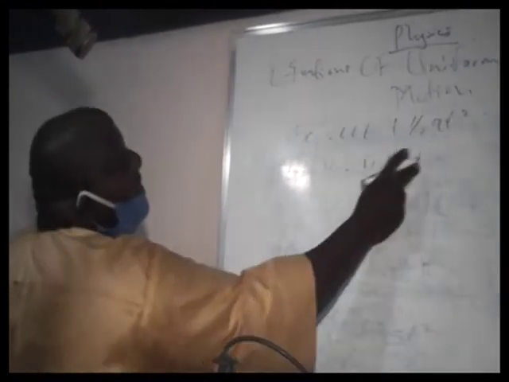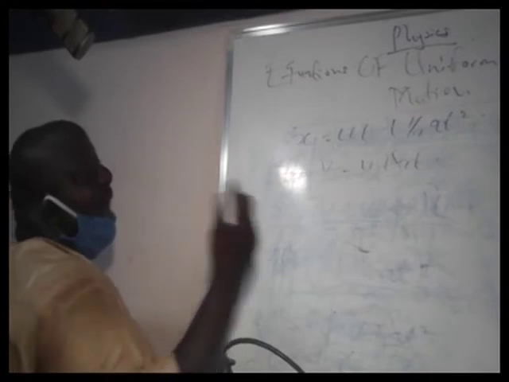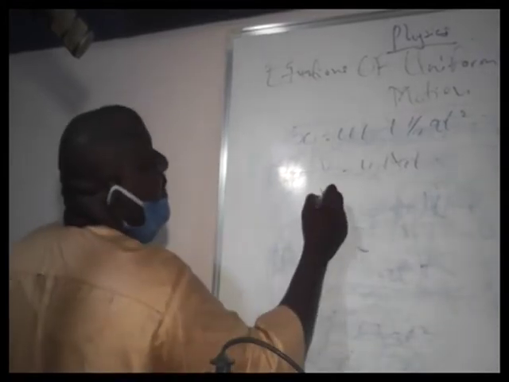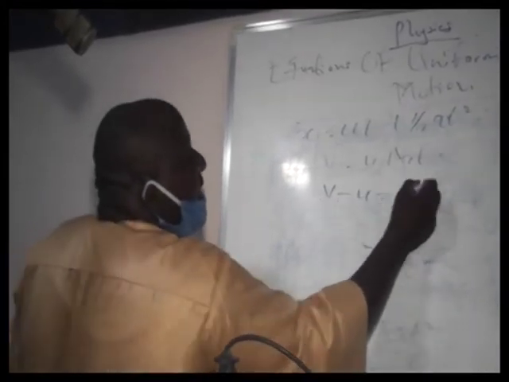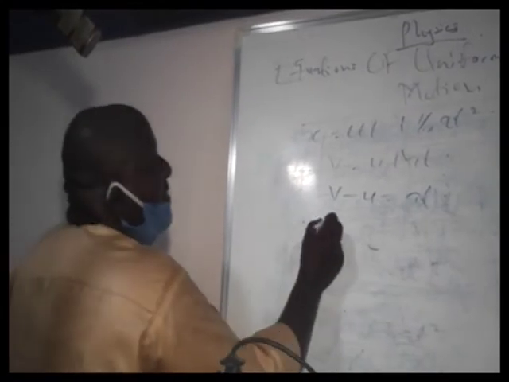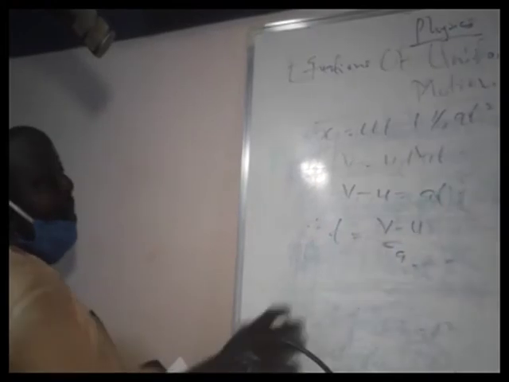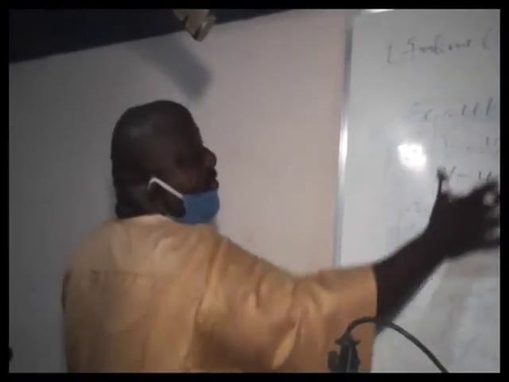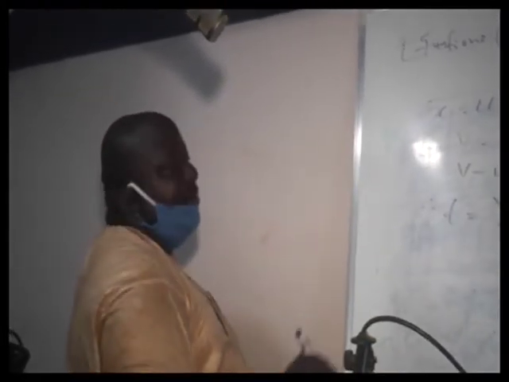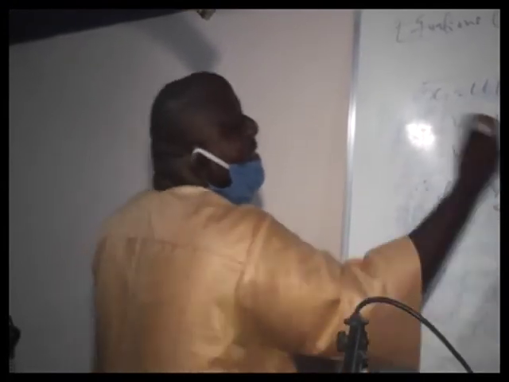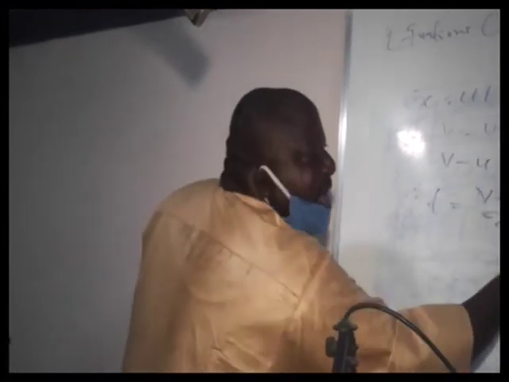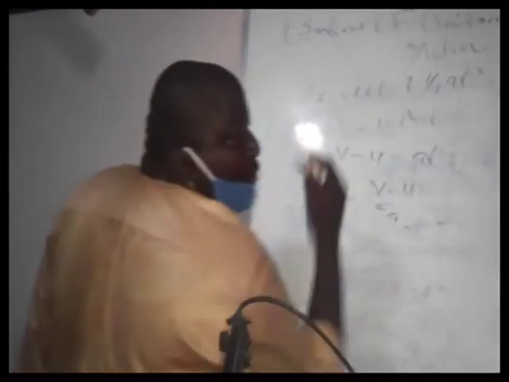So we make t the subject of the formula. How do we do it? We say v minus u equals at. Therefore, t equals v minus u all over a. So we make t the subject of the formula based on this first equation of motion. Now, wherever you see t, you substitute v minus u all over a in the second equation of motion.